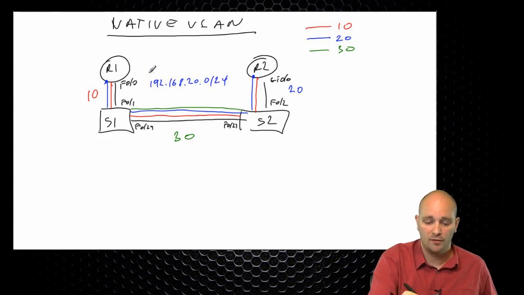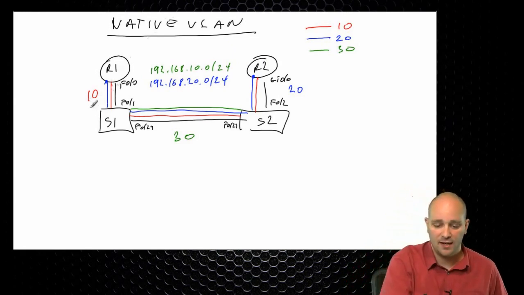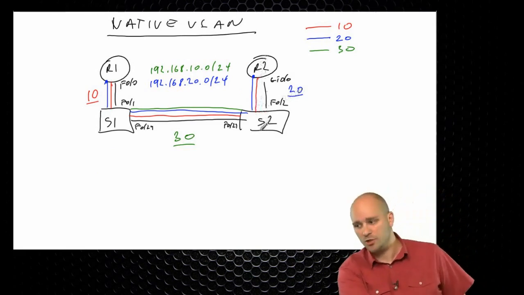And on VLAN 10, I will have 192.168.10.0/24. So basically, I'm using VLAN 10 as native here, VLAN 30 as native on the trunk between switch 1 and switch 2, and VLAN 20 as native between R2 and switch 2.